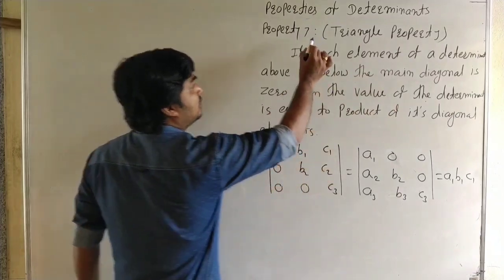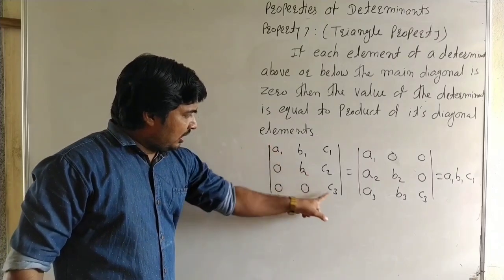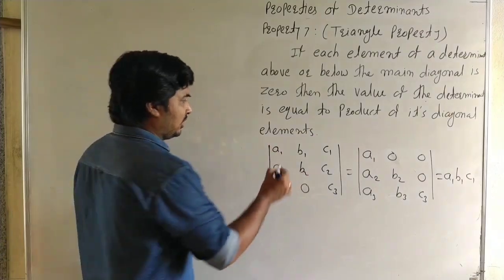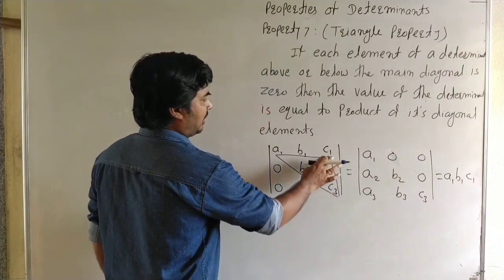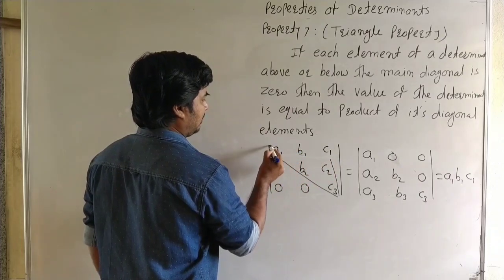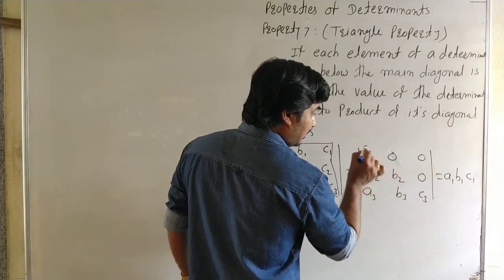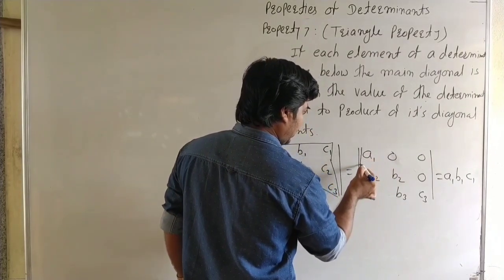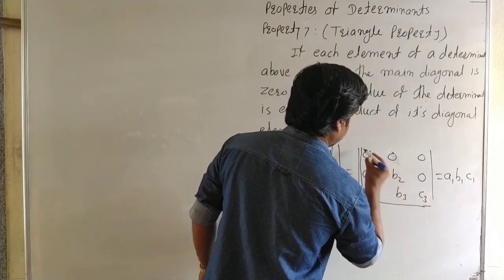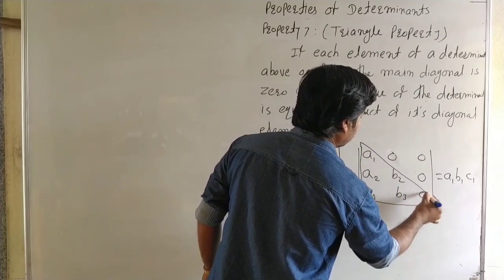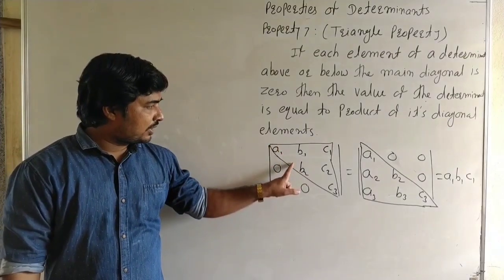Now this property is called the triangular property. What is the triangle? If all elements below the diagonal are 0, it is an upper triangular matrix, an upper triangular determinant.